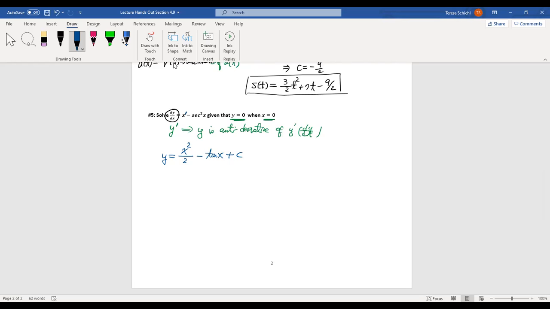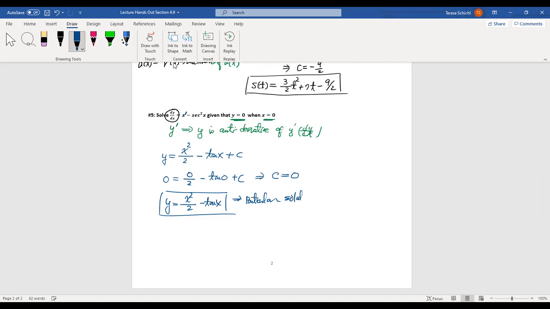So I plug in the numbers: 0 is equal to 0 squared over 2 minus tangent 0 plus c. So this is 0, this is 0, so c is 0. My particular solution is y equals x squared over 2 minus tangent x. I don't have a c, because c is 0. So this is my particular solution.